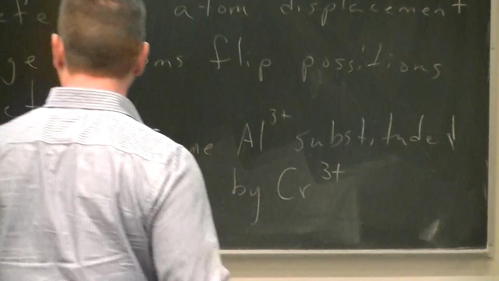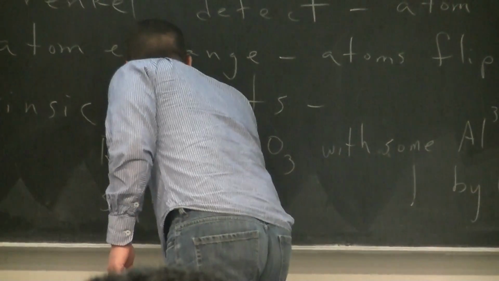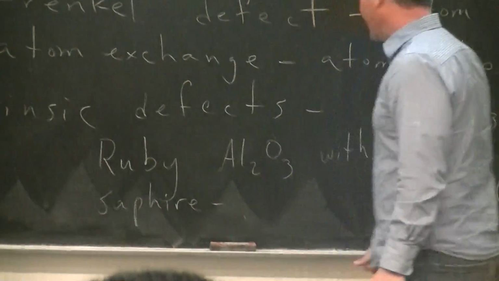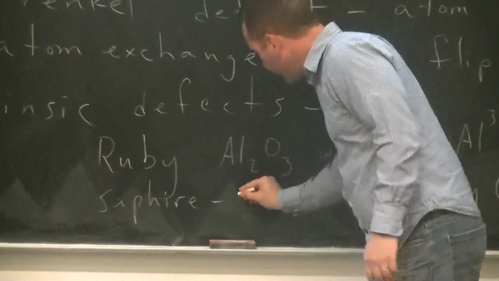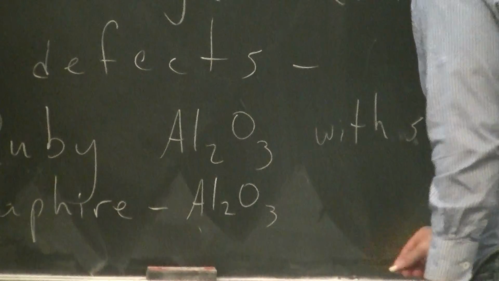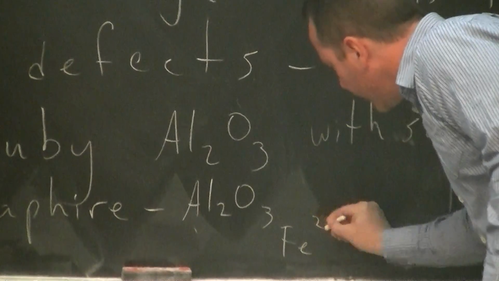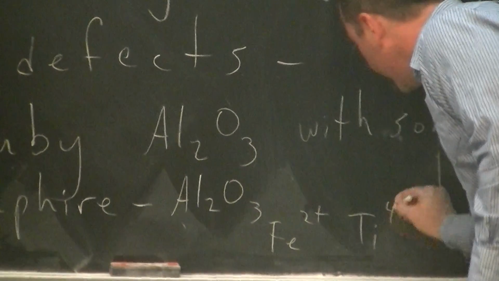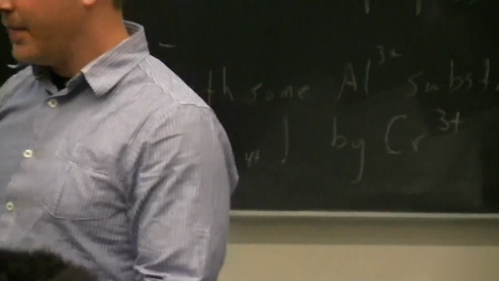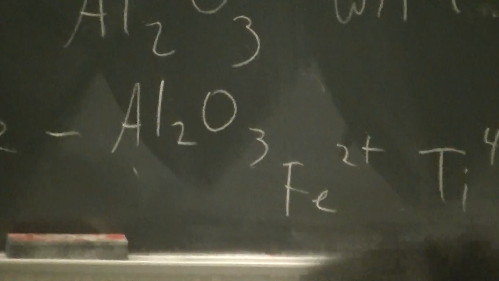Another kind of gemstone in which the defects come in is called sapphire. Sapphire is also based on aluminum oxide, but then you have iron 2 and titanium 4 substituting some of the aluminum. If iron and titanium are close enough, then they will present a photo-induced electron transfer reaction.